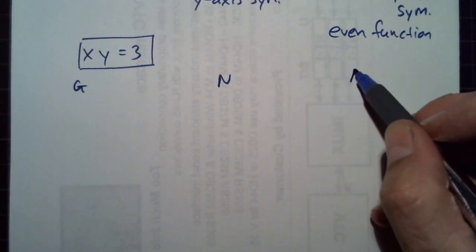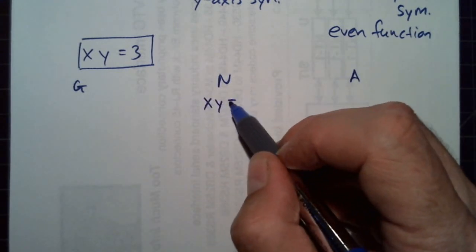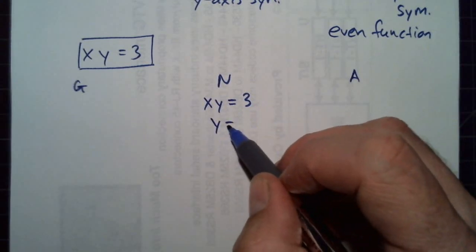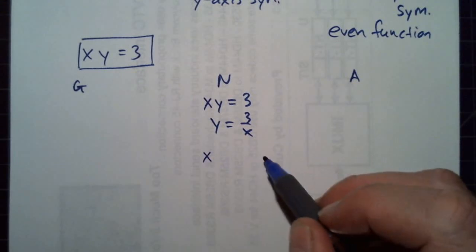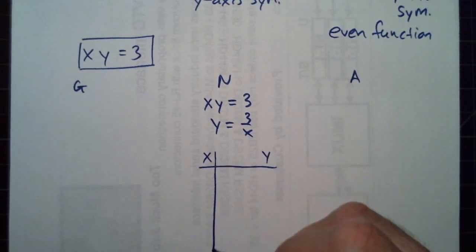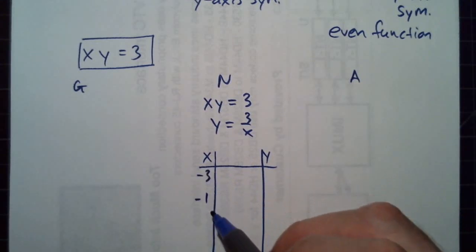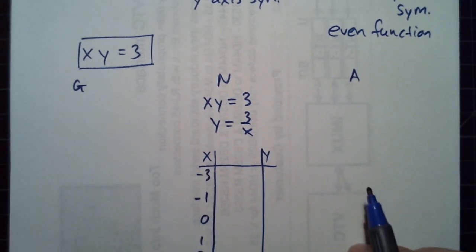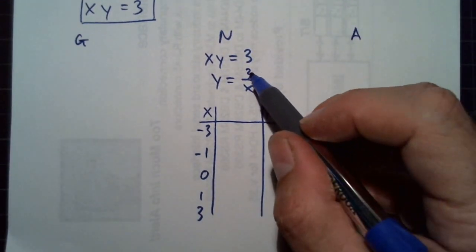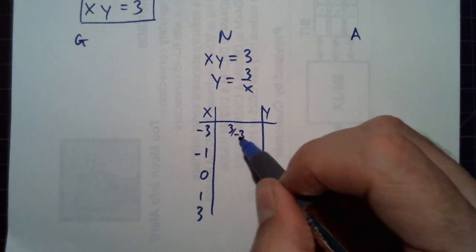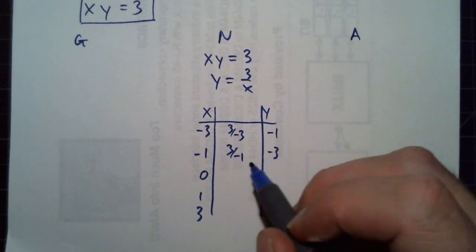Graph, numeric, analytic. If we're going to do it numerically, we should isolate y. You don't have to use these numbers, but they work out pretty nicely. 3 divided by negative 3, we get a negative 1. 3 divided by negative 1, we get a negative 3.